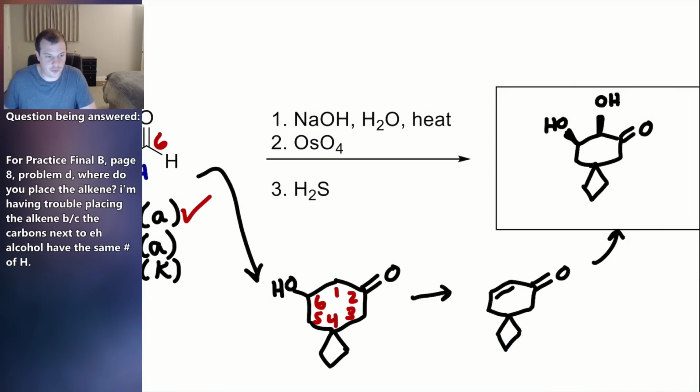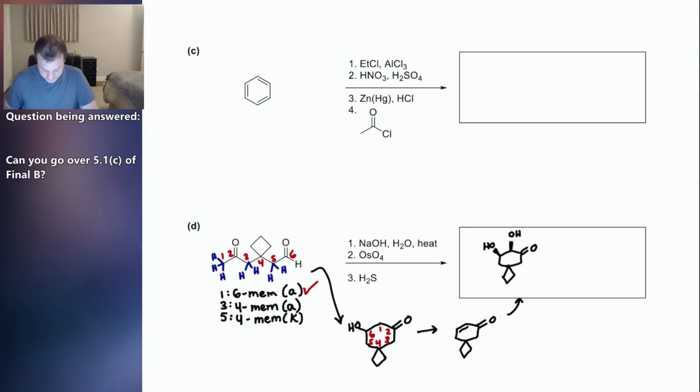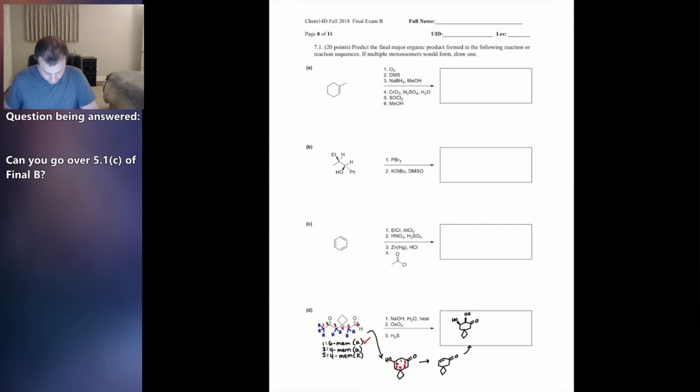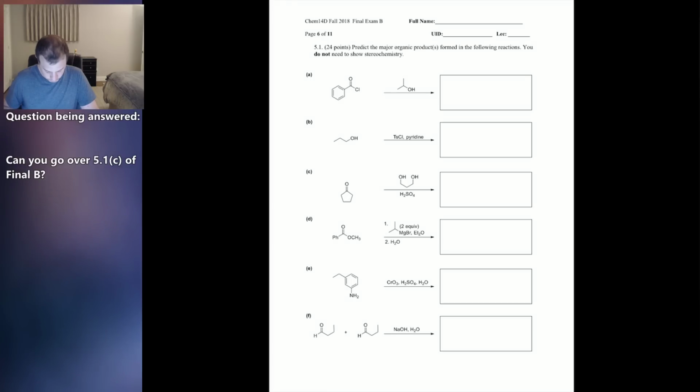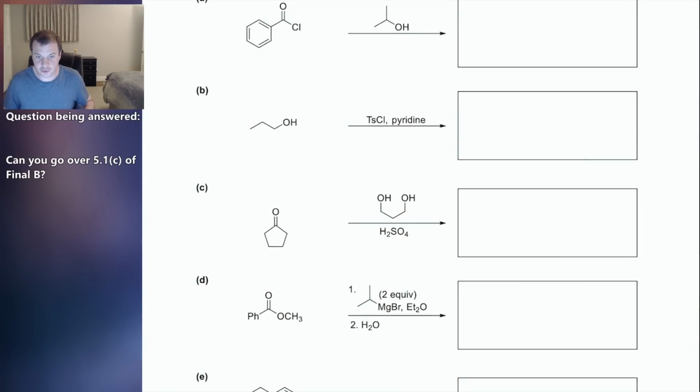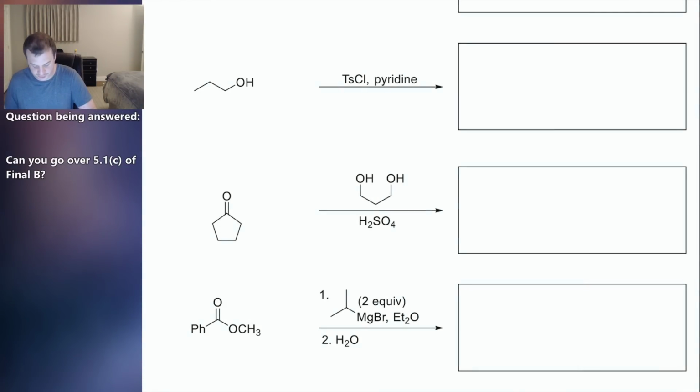Okay, 5.1C of practice final B. This is the acetal formation reaction. So if you ever see a ketone plus an alcohol in H2SO4, you're going to form an acetal. And if you see now we have a diol, that means we're going to form a cyclic acetal. So the product is very easy to draw. Just draw the ketone.